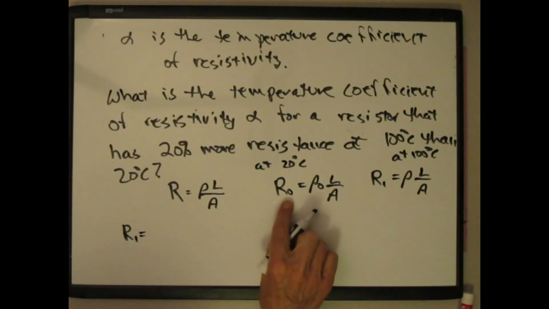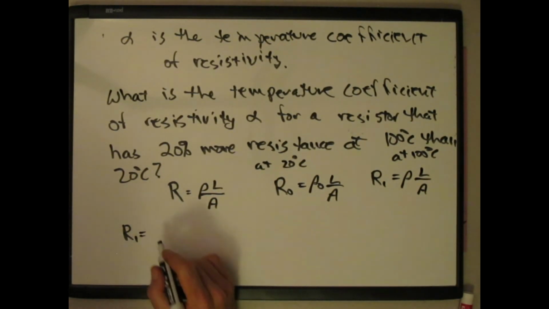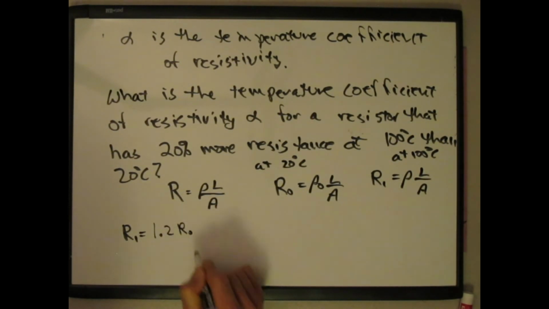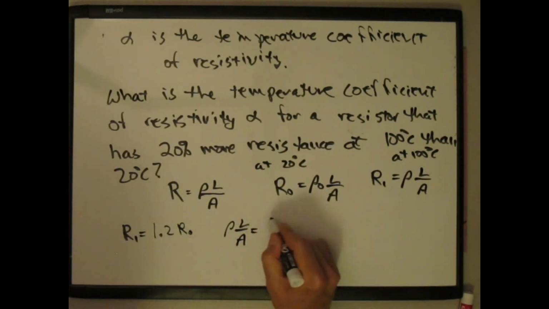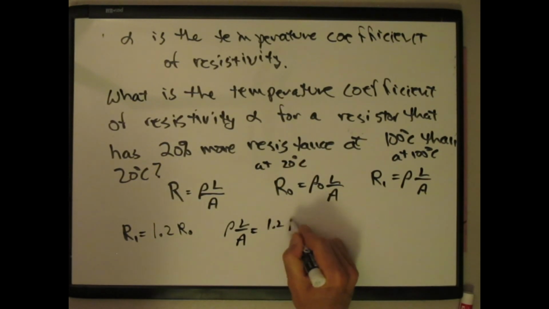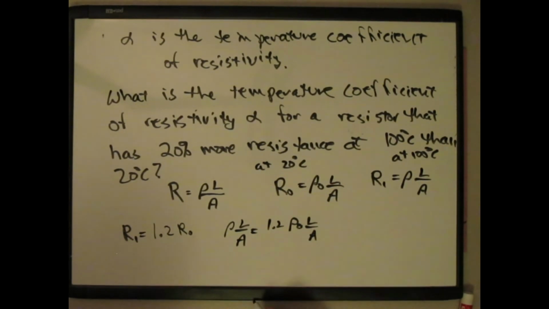You should pause this and ask yourself, what's the relationship between R1 and R0 if R1 is 20% greater than R0? And the answer is, it's 1.2 times R0, right? And so that means rho L over A is 1.2 times rho naught L over A. That's what that means.